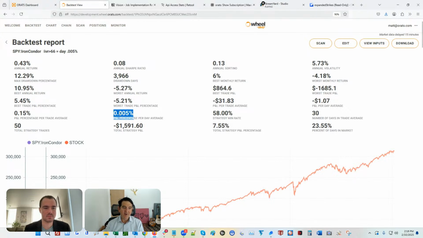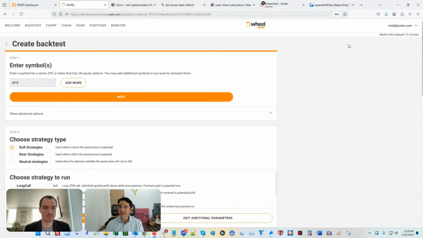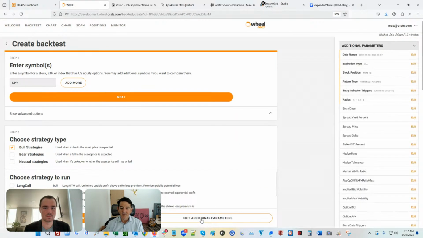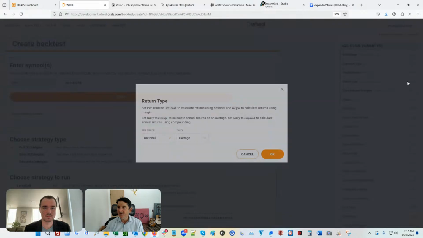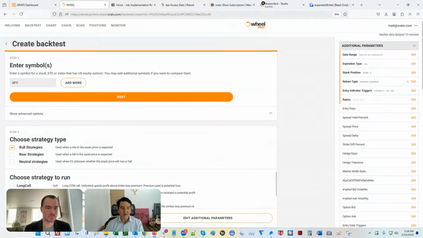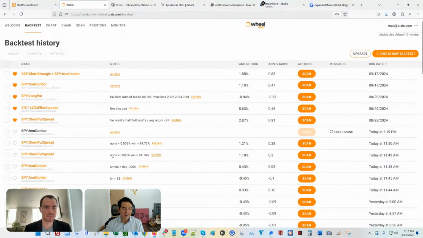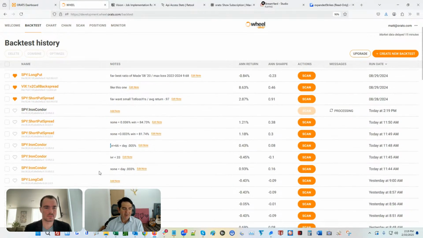So this is 0.005, again, very small, but as a matter of fact, maybe what I'll do is while we're waiting, we could run this return type of margins for those people that are going to want to know that. Yes. So that daily return. And I actually just put it in the notes here. So that's short put spread.